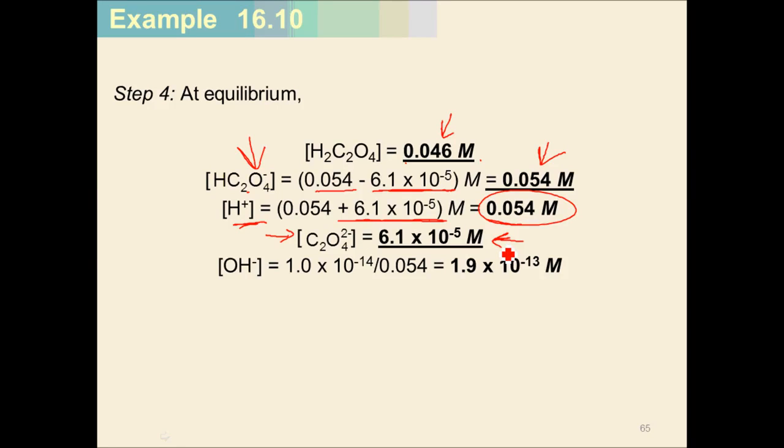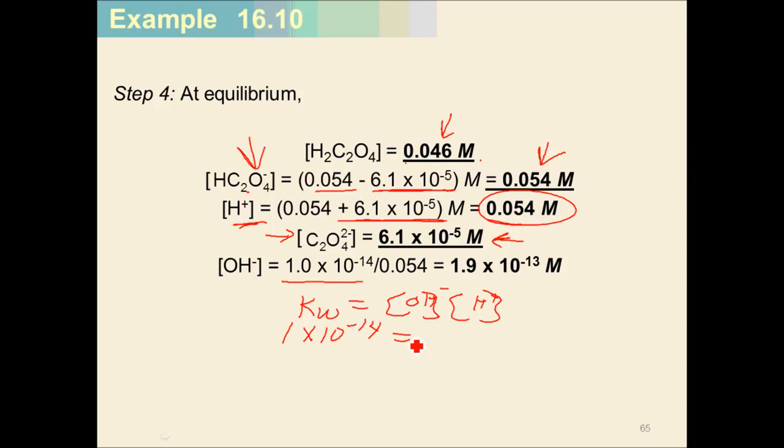So hydroxide ion concentration then is going to be, we need to use our Kw, which was the hydronium times the hydroxide ion concentration. And so Kw is 1 times 10 to the minus 14.